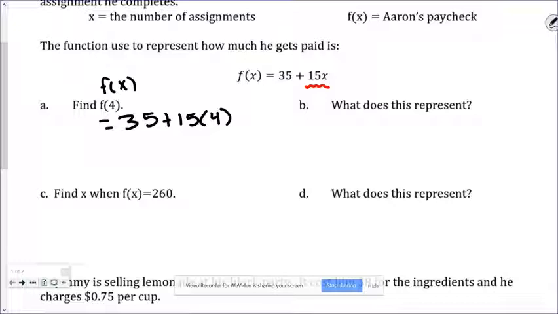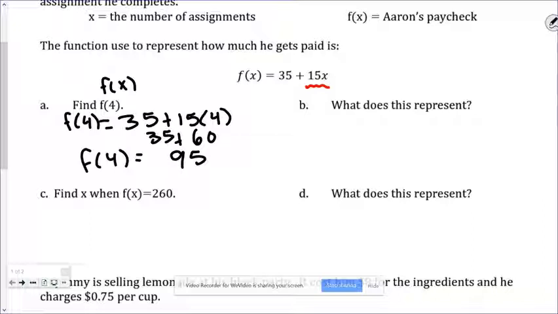That's the x value that we're evaluating it at. Okay, so I'll multiply 15 times 4. Should get 60 and then plus 35. All right, so f of 4 is equal to 95.